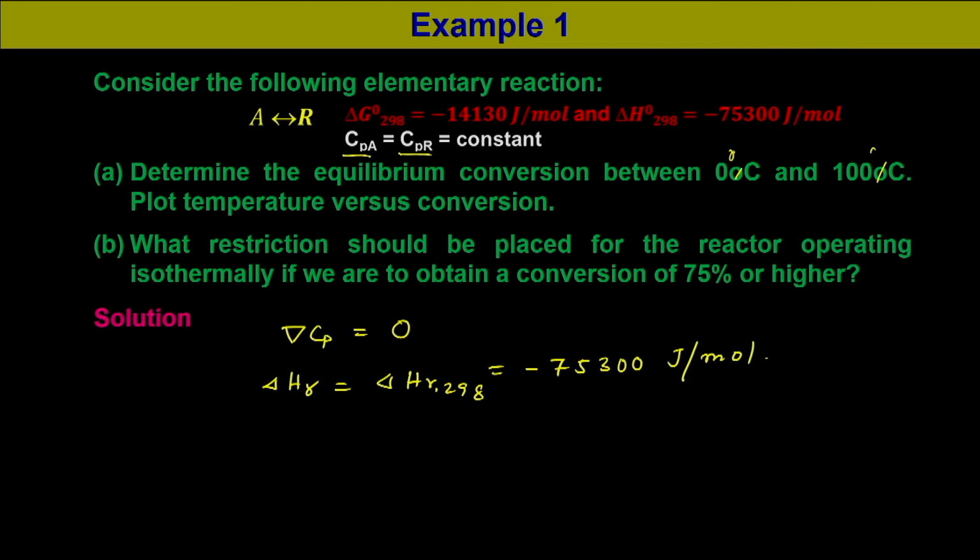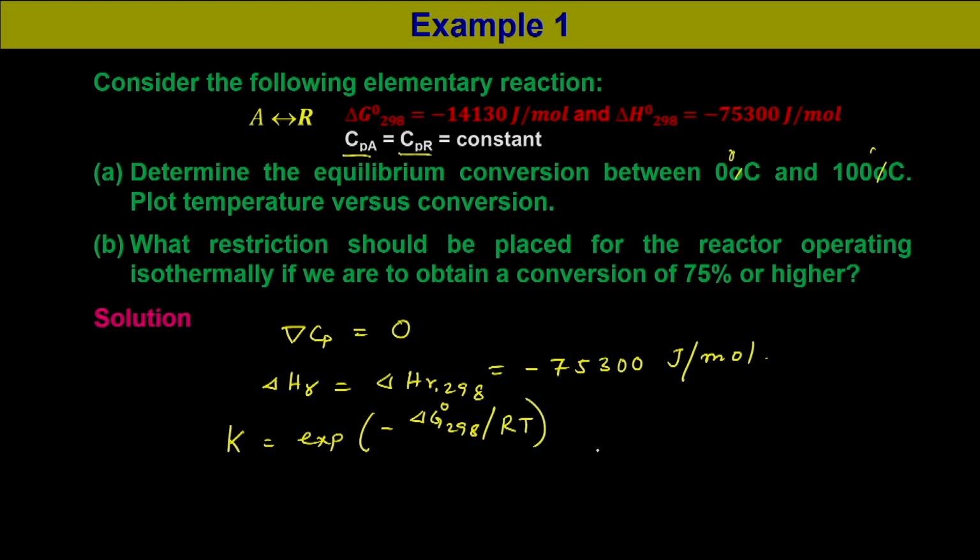Now, we can calculate the equilibrium constant at 25 degree centigrade from the equation which is known, K is equal to exponential minus delta G naught at 298 by RT.